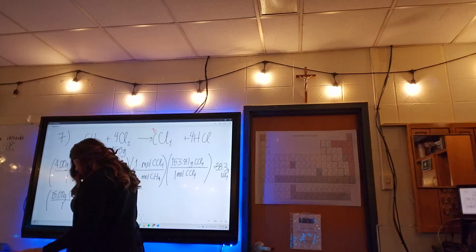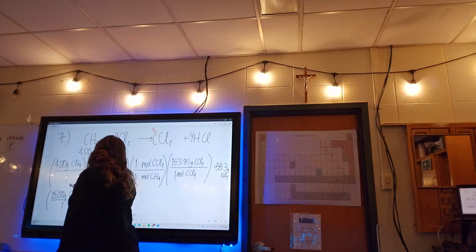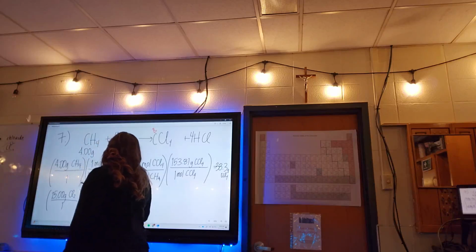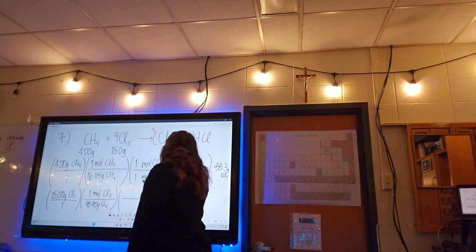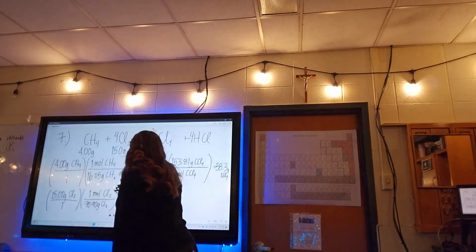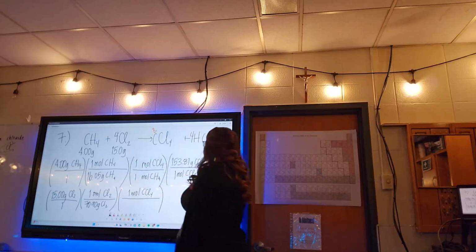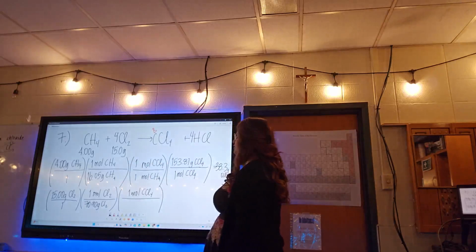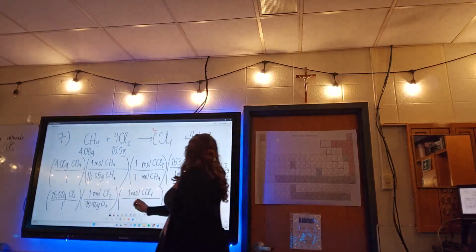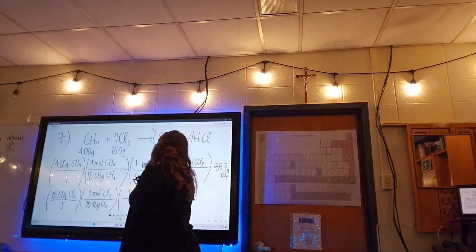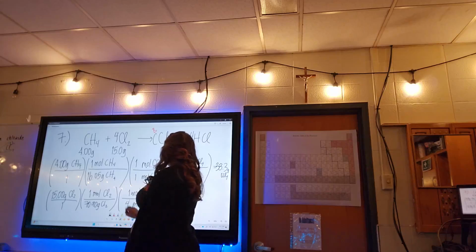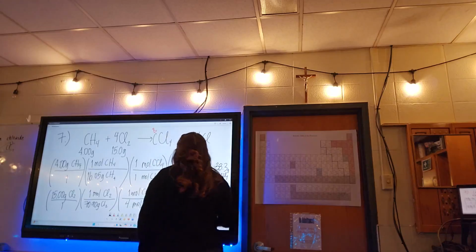35.45 times 2 is 70.9. I'm still solving for B as a CCl4. That can't change. But now what's my stoichiometric coefficient in front of compound A here, which is Cl2? Do you see this already?